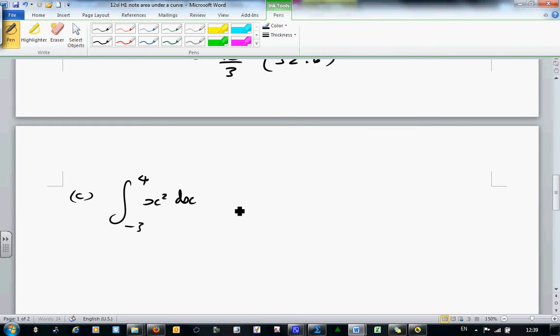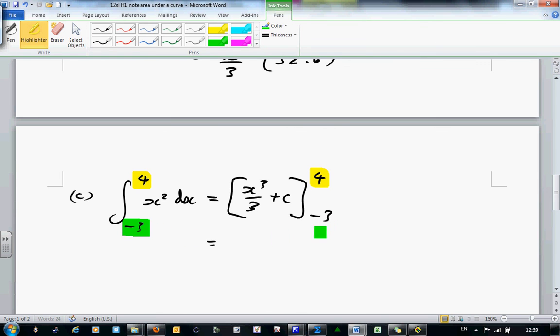Between -3 and 4. Putting in these values, there's the upper limit, there it is again, there's the lower limit, there it is again, and all we're going to do now is 4 cubed over 3 plus c, subtract -3 cubed over 3 plus c, again showing you where those values are substituted.